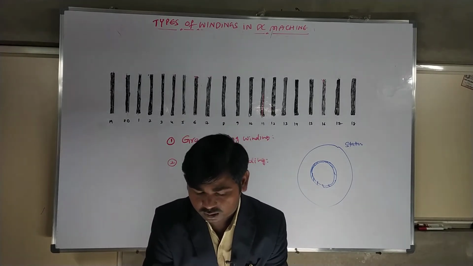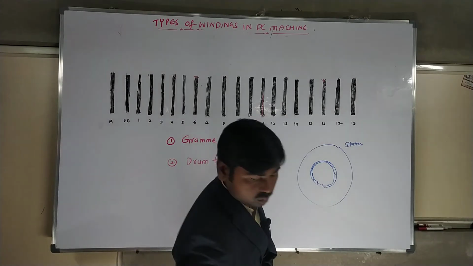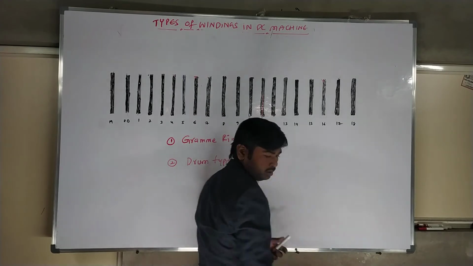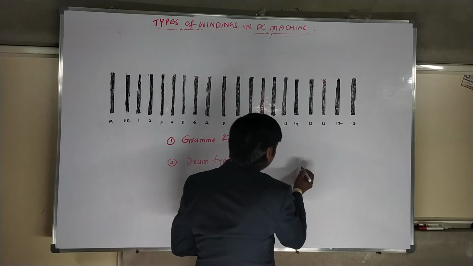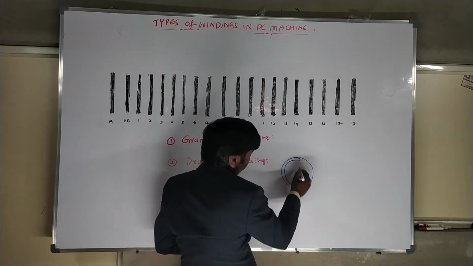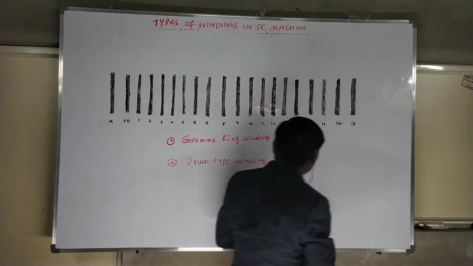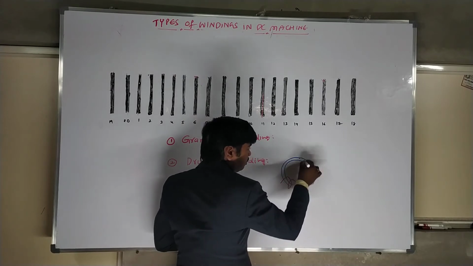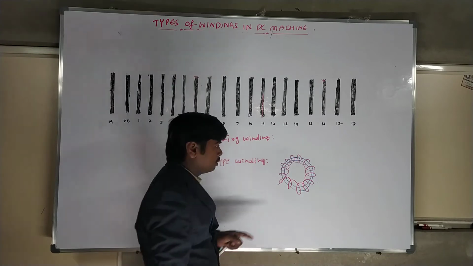If you want to understand this Gramme ring winding very clearly, later I will draw how things take place in it. For those who are not clear, recall here: this is a rotor. The winding goes top and bottom, in and out.